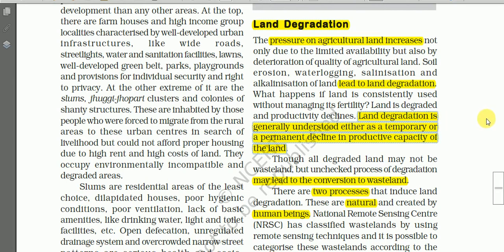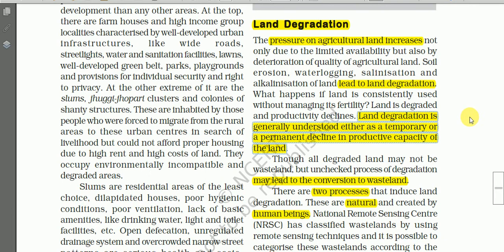Land degradation is generally understood as either a temporary or a permanent decline in the productive capacity of the land.